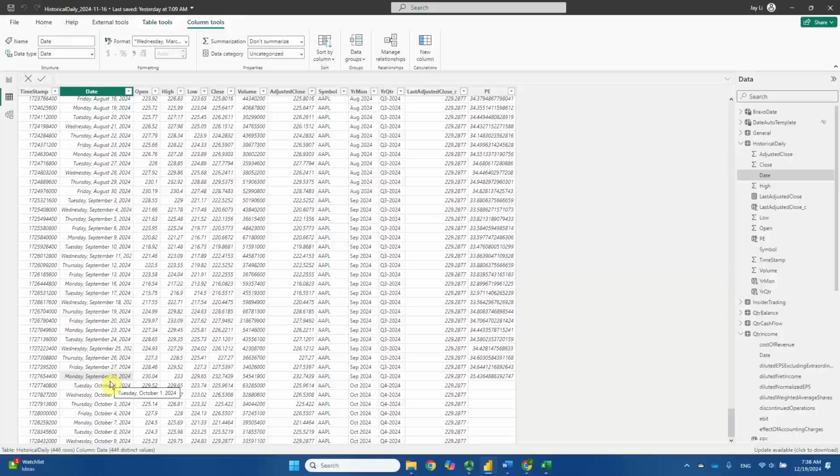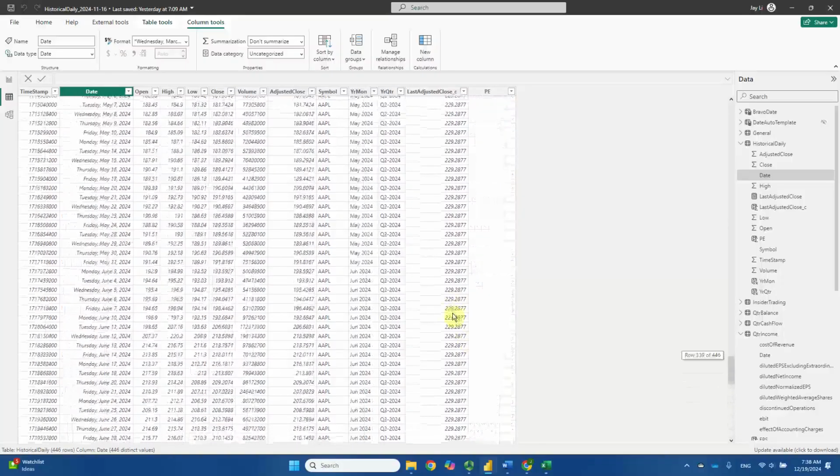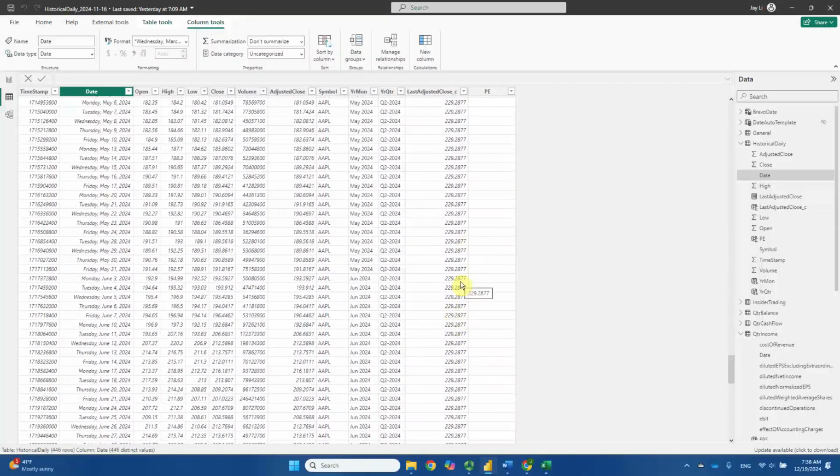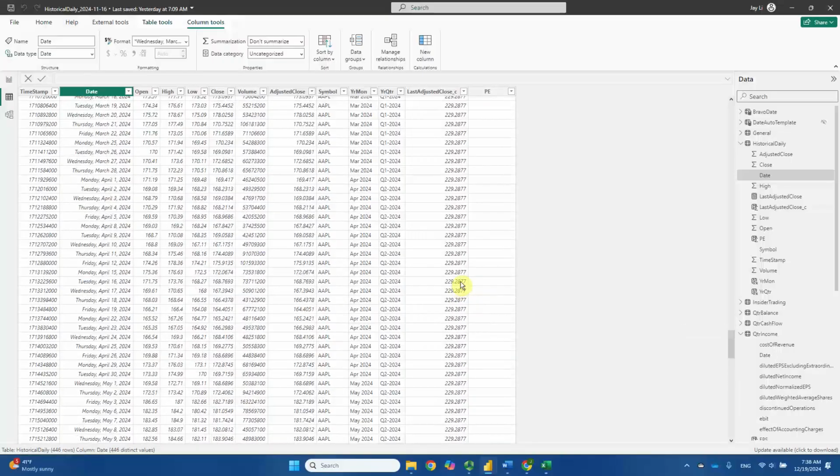In that case, because these two dates match, the last trading day and the last calendar day of the third quarter of 2024, you can retrieve the EPS last year from quarterly income data with no problem here. So this explains why we have those blank PE ratios for certain quarters. So the next step is how to solve this problem.